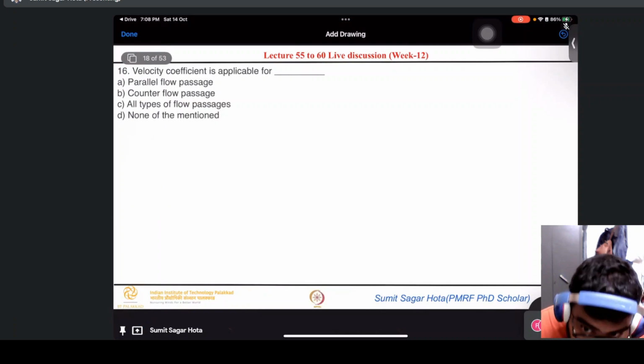The velocity coefficient is applicable for what? Okay, for velocity coefficient, this is a tricky question. There is no limitation for the flow passage.